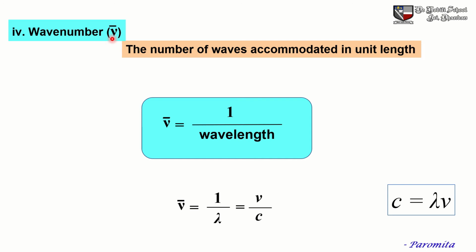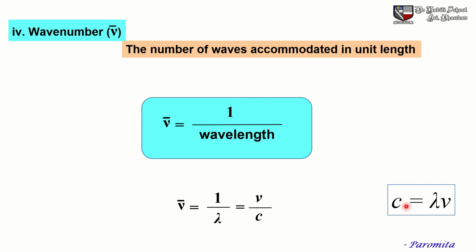So what is this wave number? Wave number is the number of waves accommodated in unit length, or it can be defined as the number of wavelengths per unit length. Wave number is equal to 1 by wavelength. That means wave number is the reciprocal of wavelength. So nu bar is equal to 1 by lambda.